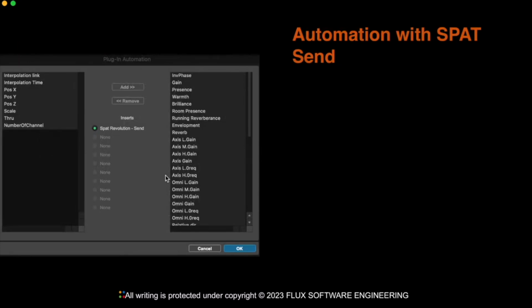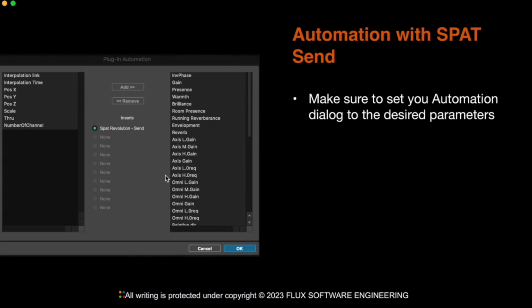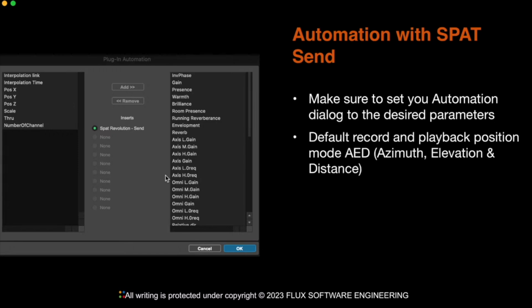So we know this plugin automation, where we can choose parameters as lightly as possible or as crazy as you want to go. There's no limitation there. In the templates, they are preset for you, to make sure they are set.